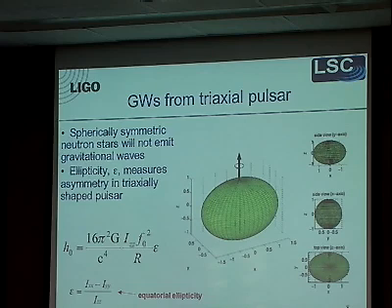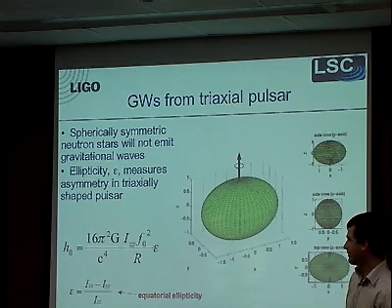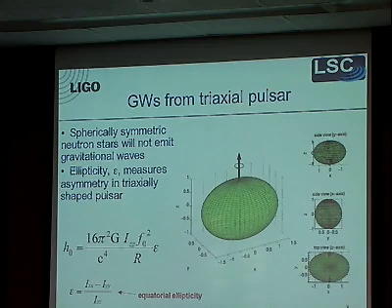And epsilon here is a measure of the asymmetry of the neutron star. So by setting limits on the gravitational wave amplitude, we can also put limits on the equatorial ellipticity, assuming this model. The figure here is quite exaggerated, but the limits that we're placing now for the ellipticity of neutron stars are of the order of 10 to the minus 5, 10 to the minus 6.